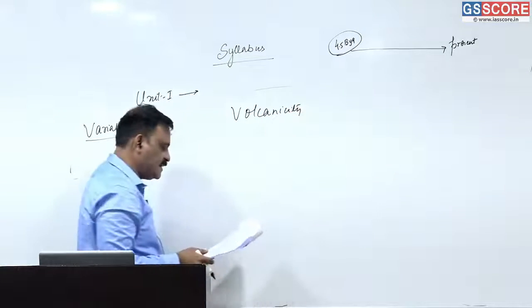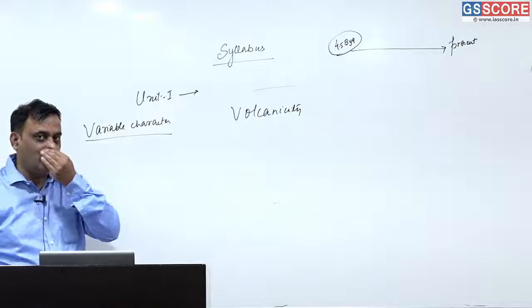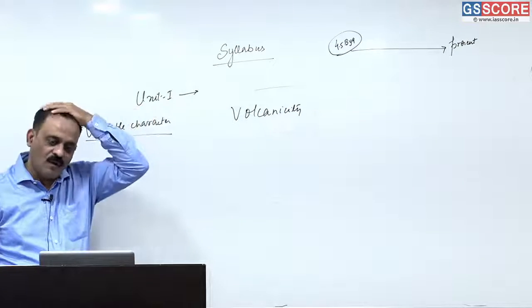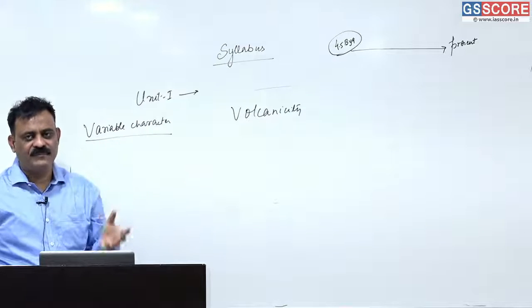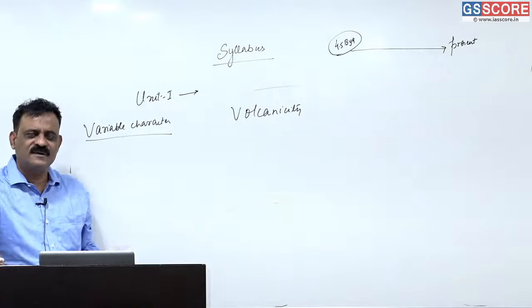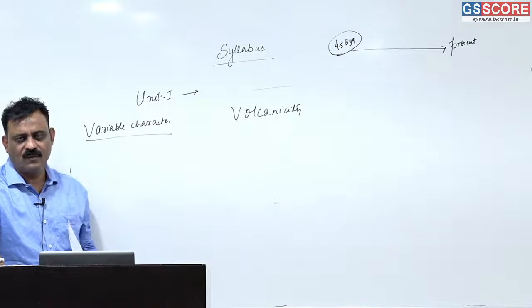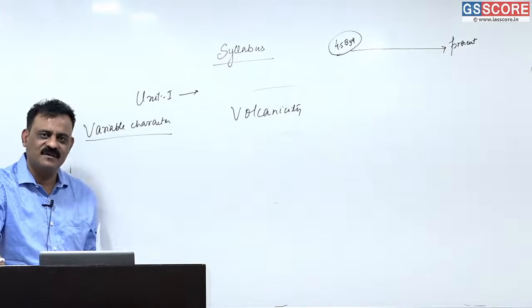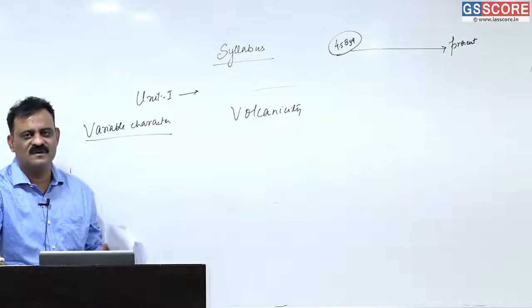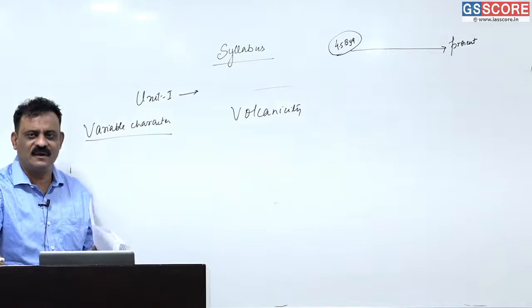Okay, so volcanicity is obviously related to the volcanic activities. All those activities which are the result of endogenetic forces in which molten earth material, in solid or in gaseous forms, comes over to the surface of the earth or flows over to the surface of the earth, they all are related to volcanism.